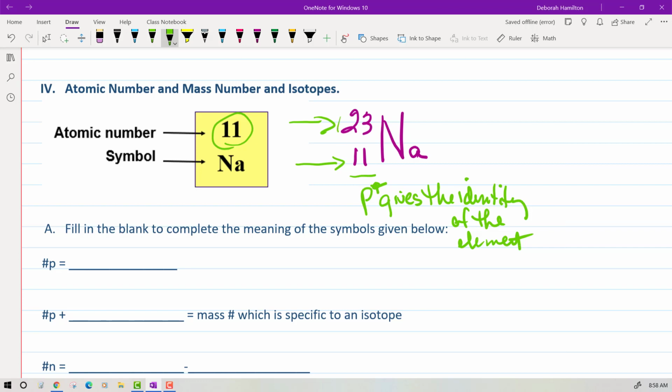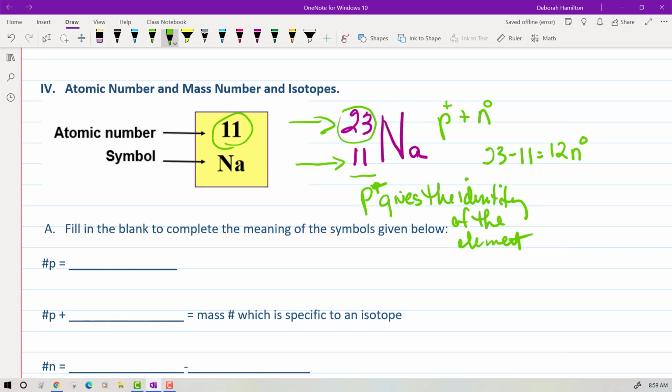What's up here, the 23, is the protons plus neutrons. So you have a nice easy way to calculate how many neutrons are in the nucleus by a simple subtraction, and it's already set up to do that. So 23 minus 11 gives you 12. So there's 12 neutrons in this atom.